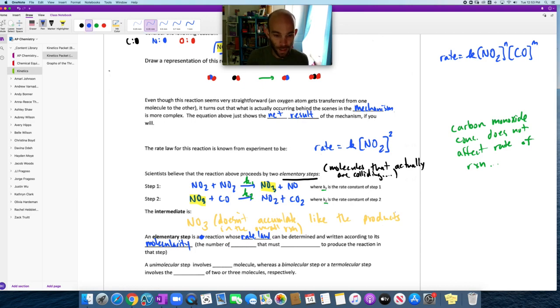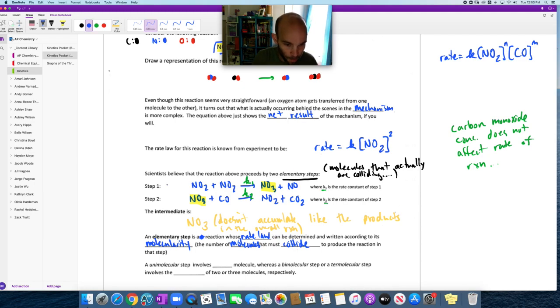Molecularity is the number of molecules that must collide to produce the reaction in that step. Elementary steps show us the number of molecules and the actual molecules that are colliding for that step to occur. And their rate law can be inferred from the molecularity, that number of molecules.